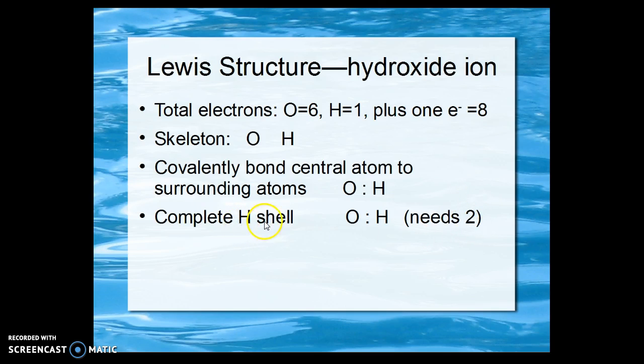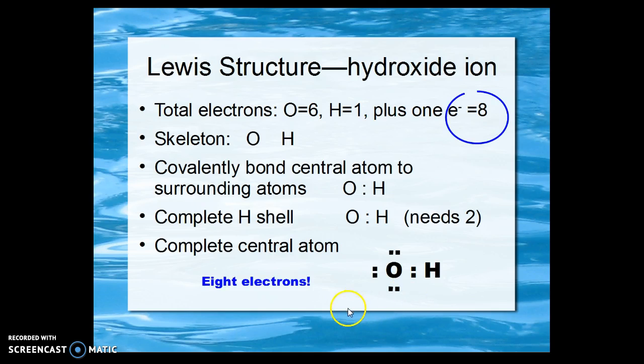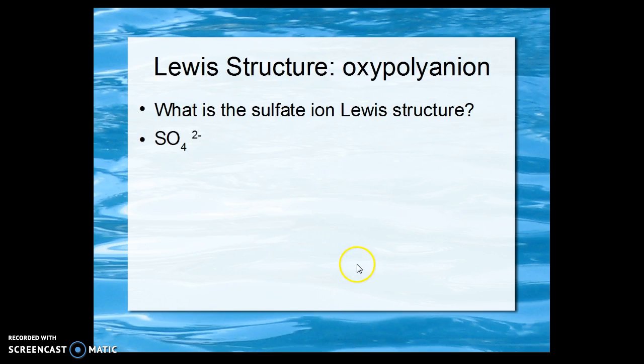We now have a complete hydrogen shell needed because we've got 2 electrons and 1 comes from the oxygen. And when we complete the central atom so that it has its other 5 electrons, then you have this, and then of course that last electron comes from the negative charge. So there's 8 electrons in all.